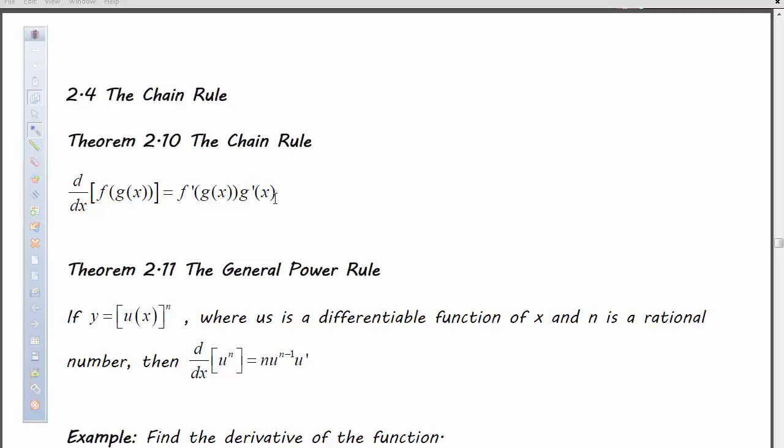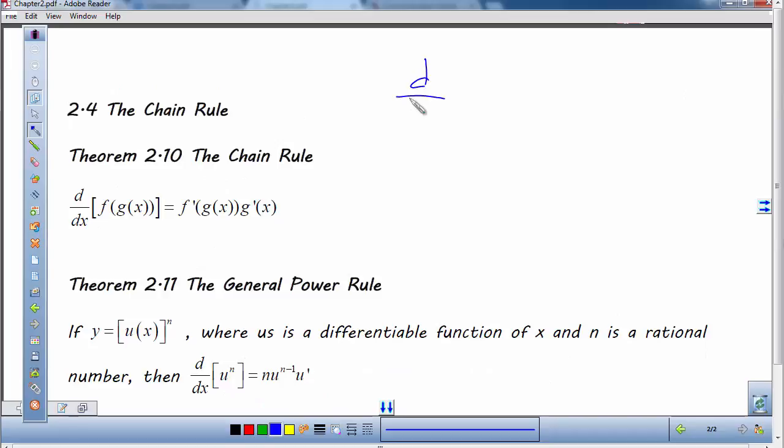Okay, we've been doing that with the general power rule. We've had x raised to some power, but then the derivative of just x alone is what? Let me write it out so we're all on the same page. The derivative of just x is what? 1. Very good. The derivative of just x is 1, right?